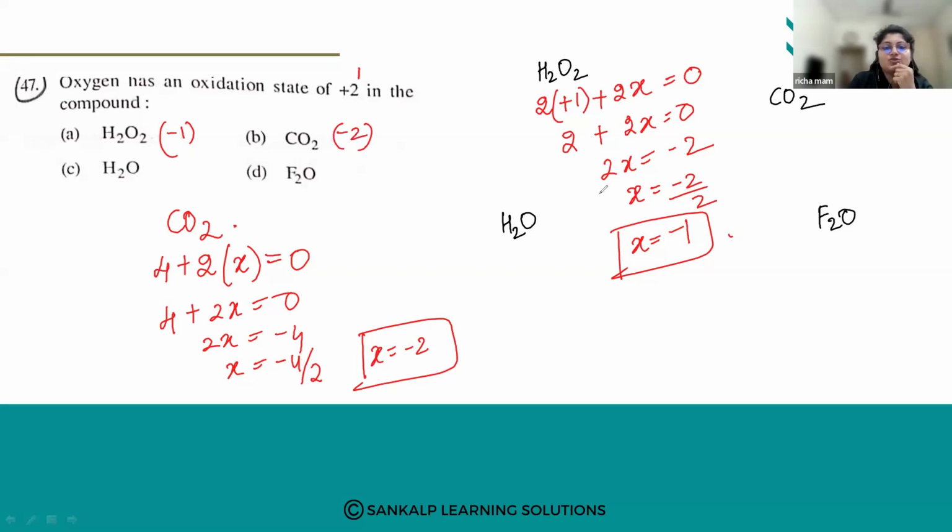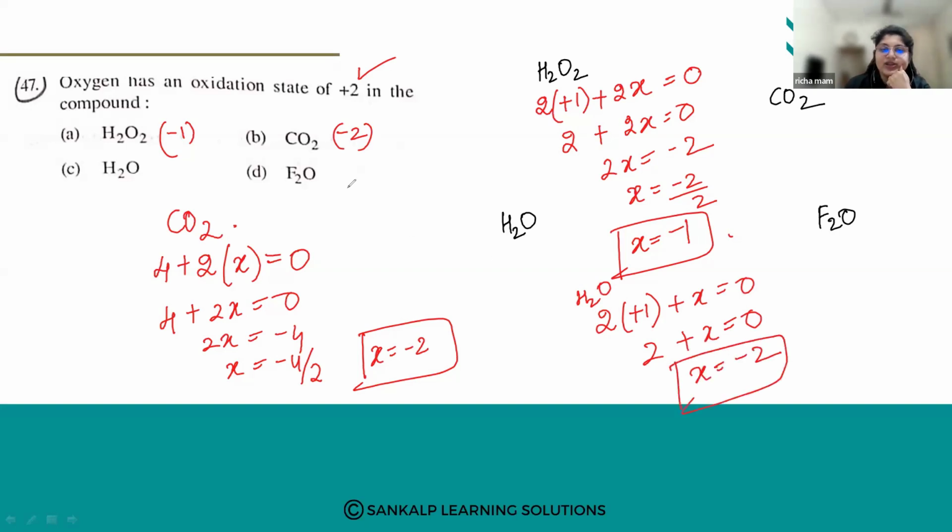They have asked plus 2. Okay. Next is water, H2O. So there are two hydrogens, so 2 into plus 1 plus x is equal to 0. So 2 plus x is equal to 0, x is equal to minus 2. So here this is also minus 2.